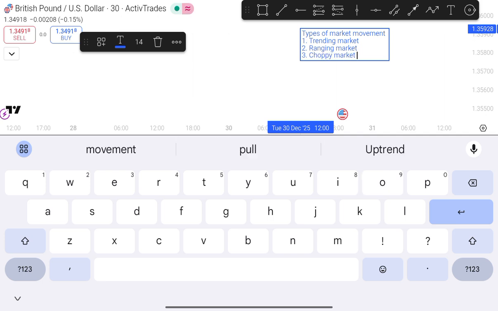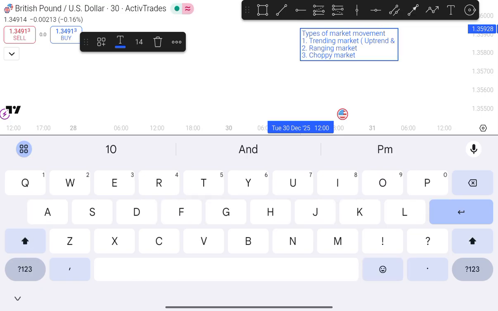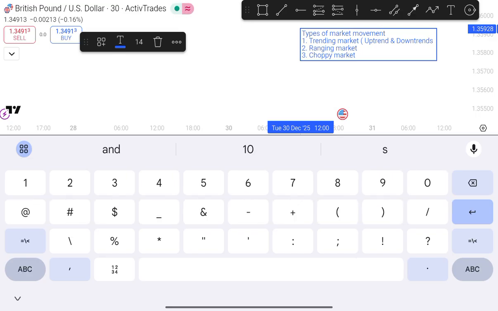Now the trending market is divided into two parts: number one, the uptrend market, and the downtrend market. So these are the two types of trending market we have.